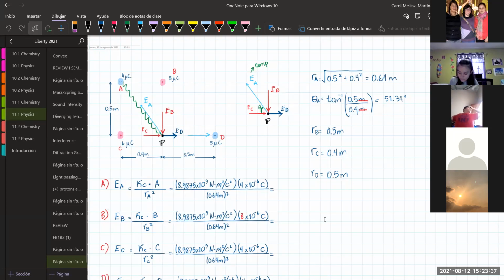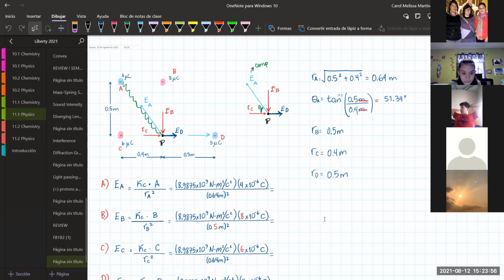And the distance between them is 0.5 meters. The number 3, my charge is not 4, is 6 microcoulombs.